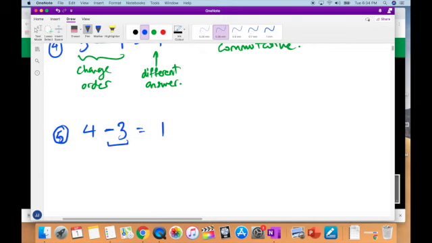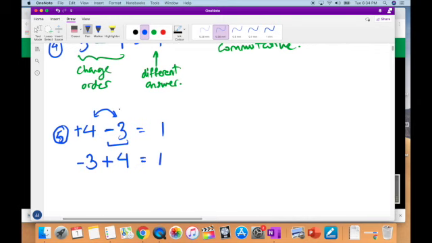This 4, is this 4 positive or negative? So I could put a plus in front of this 4. So now I could switch them. I could put negative 3 here and the positive 4 here. And I ended up getting the same answer.